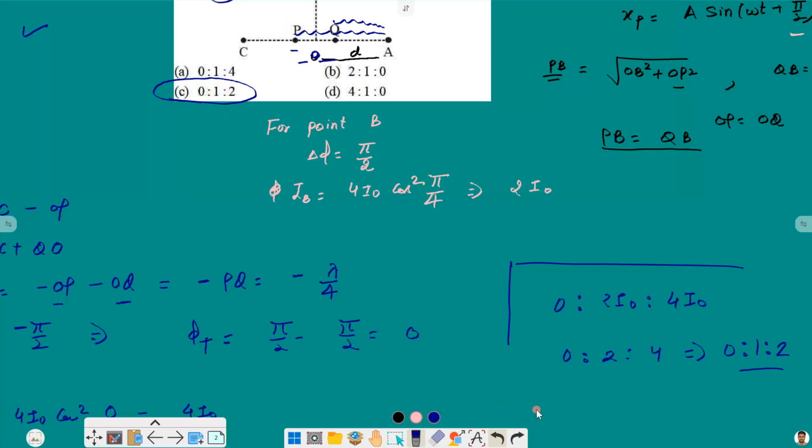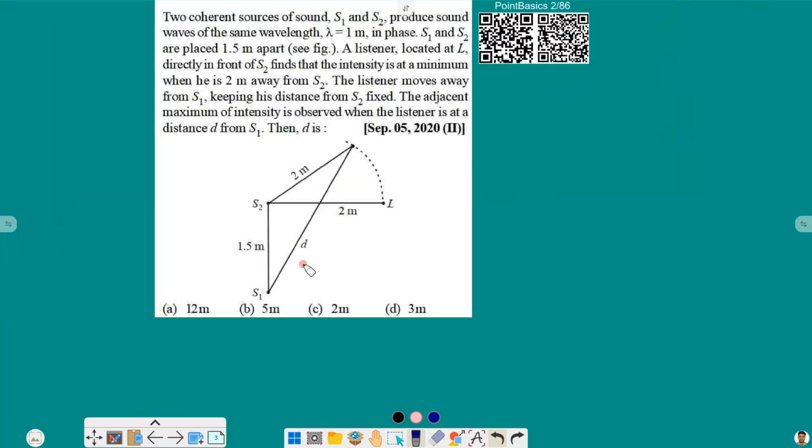Now moving ahead, moving to the next one. Here we have two coherent sources of sound S1 and S2 producing sound waves of the same wavelength lambda, 1 meter, in phase. S1 and S2 are placed 1.5 meter apart. See figure.